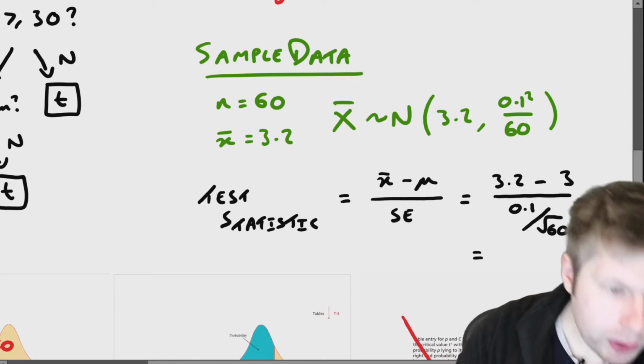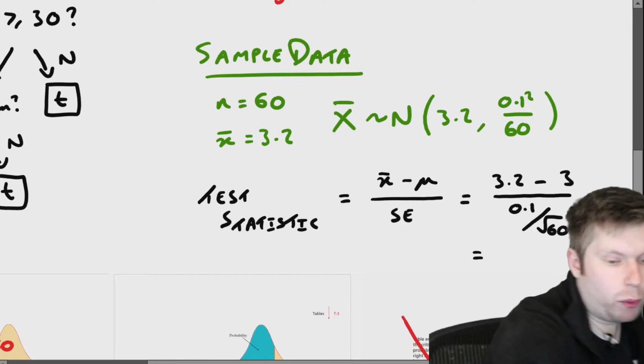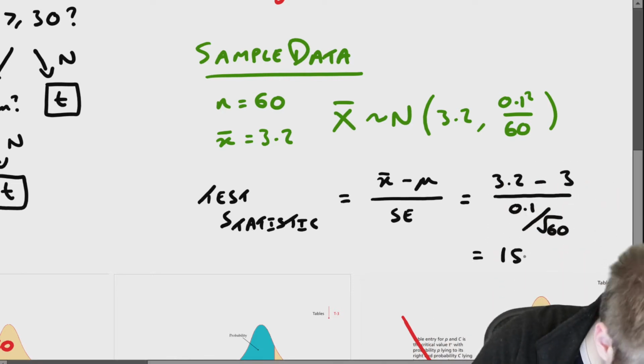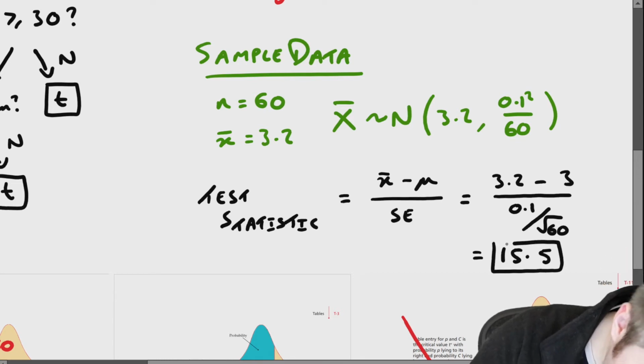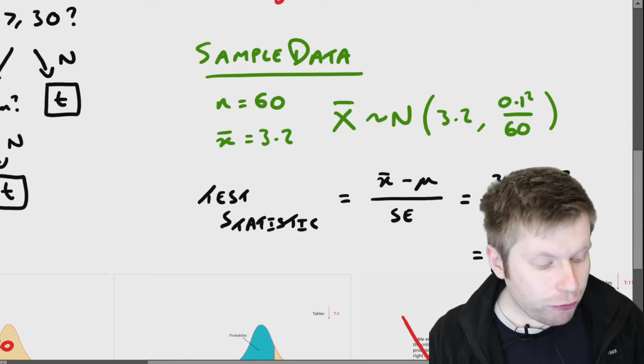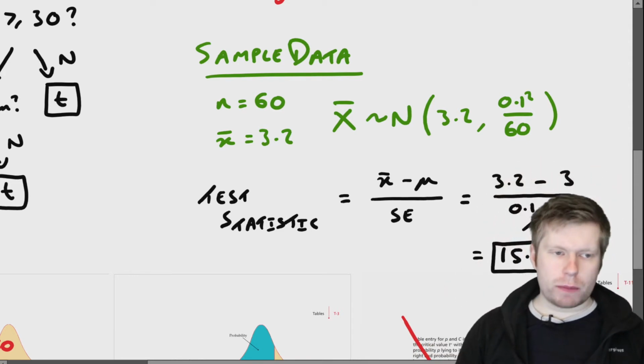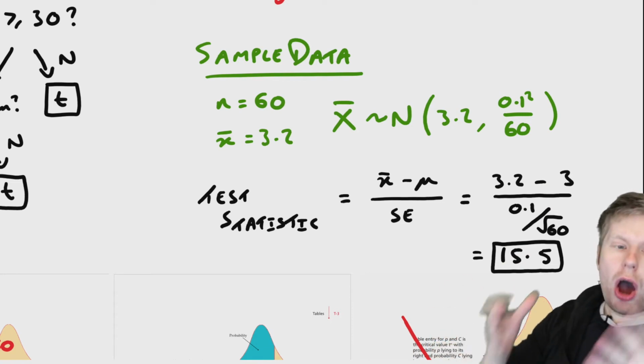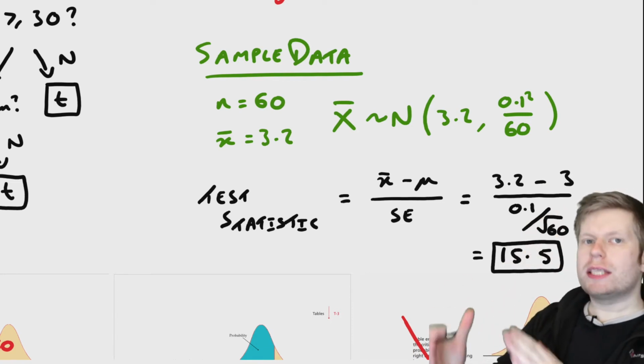And I'll stick all of that in a calculator and see what we come out with. So I basically come back with something like 15.5, okay? So that there is my test statistic. That literally says that is how many units of standard deviation my sample data lies away from my hypothesized mean, okay?